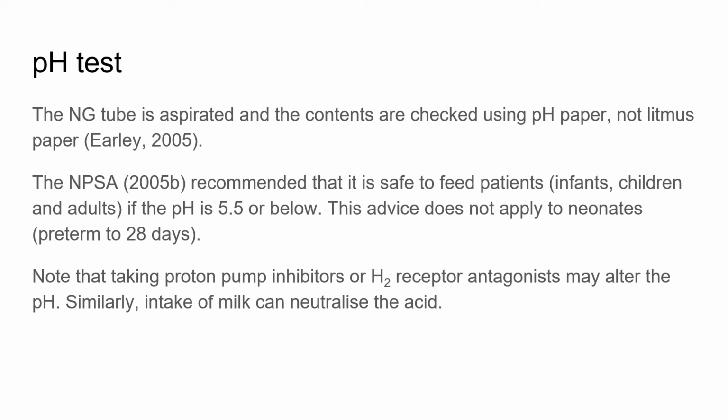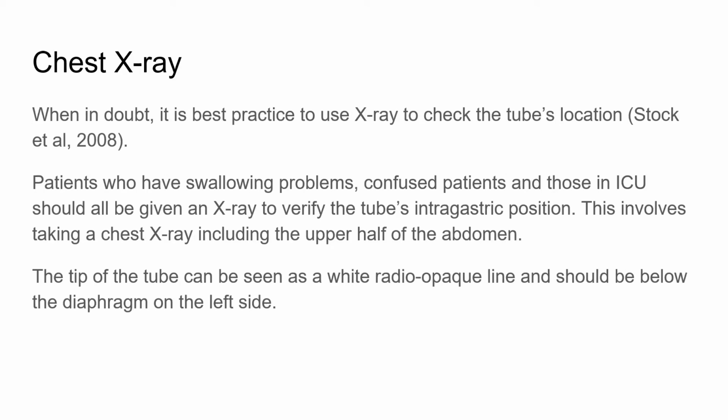You may have to wait for some time so that the action of the drug is reduced, or the milk is digested, and once you obtain a pH level of 5.5 or below, then you can go with the nasogastric feeding.